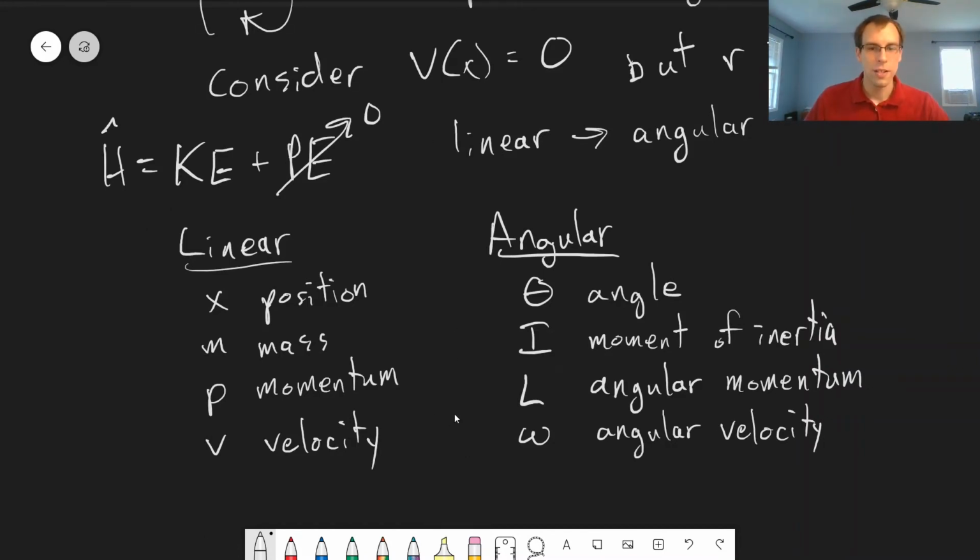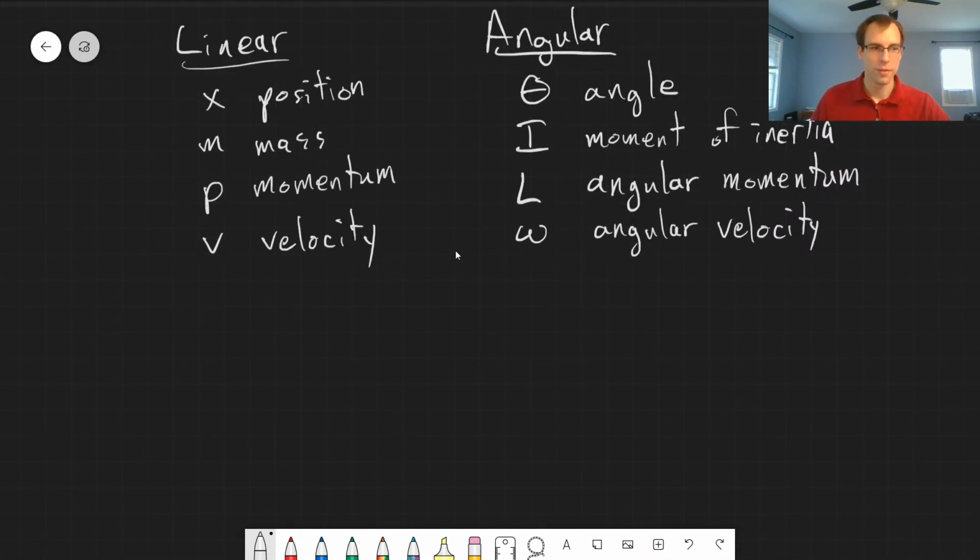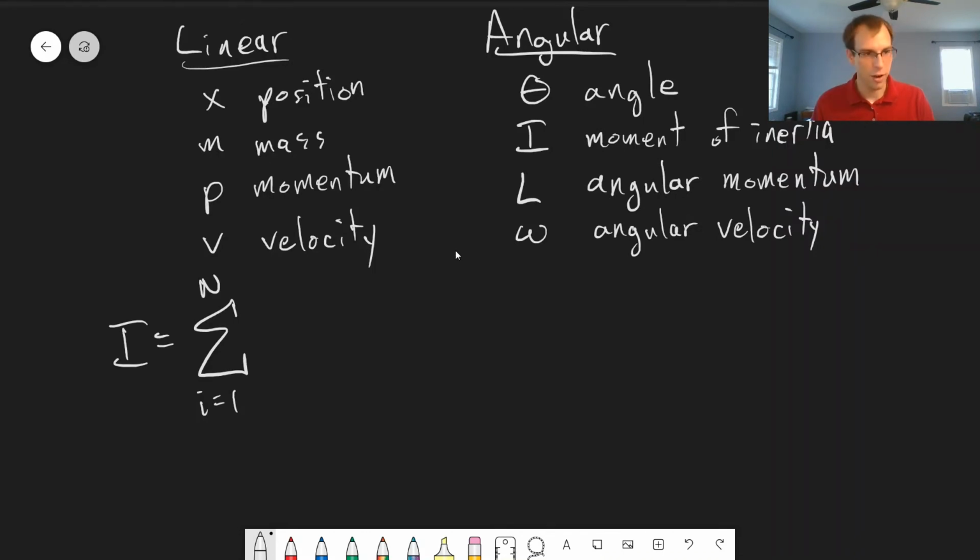All right, so let's go ahead and define a couple of these. For I, the moment of inertia, the definition is that for all the masses that are part of our system, from i equals 1 up to n, however many there are, we add up all the masses times their distances from the axis of rotation squared.